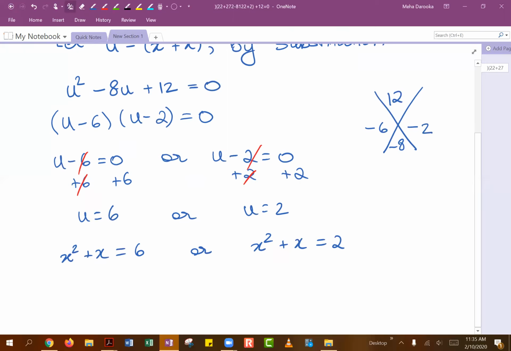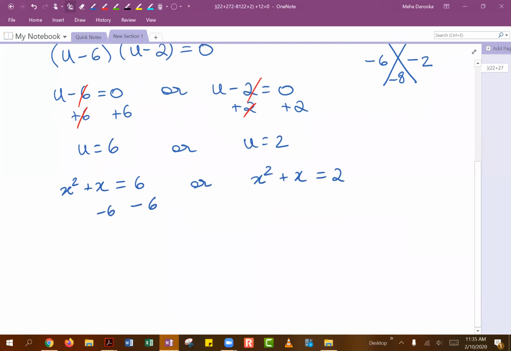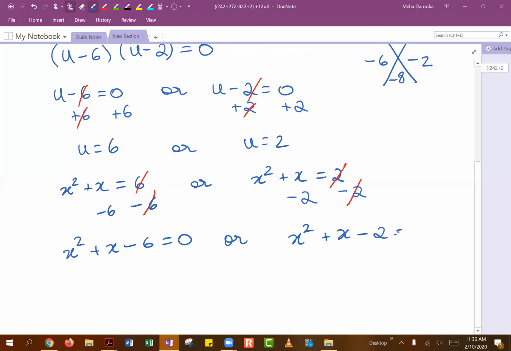So basically, after we do that u substitution back into the x squared plus x, we're now subtracting that 6, which will end up giving us x squared plus x minus 6 equals 0. Or if we are subtracting this 2, then that will end up giving us x squared plus x minus 2.